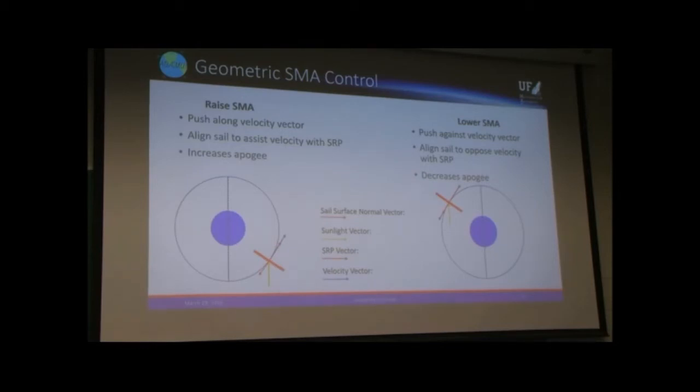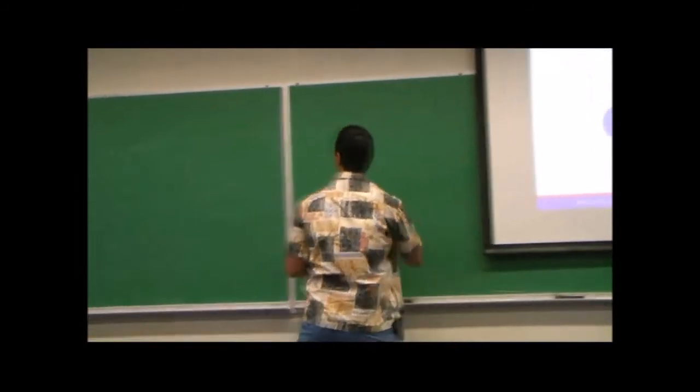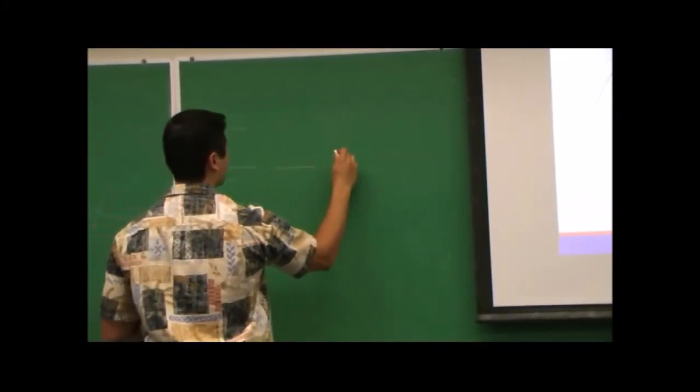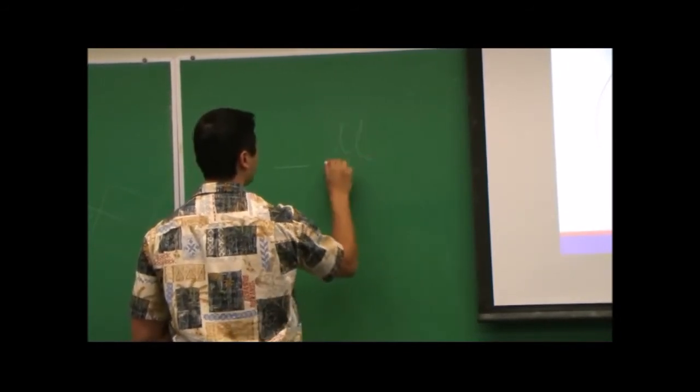So I'm going to put up the vis-viva equation real quick. V squared over 2 equals mu over r. If you all recall, it's v squared over 2, mu over r, I think.